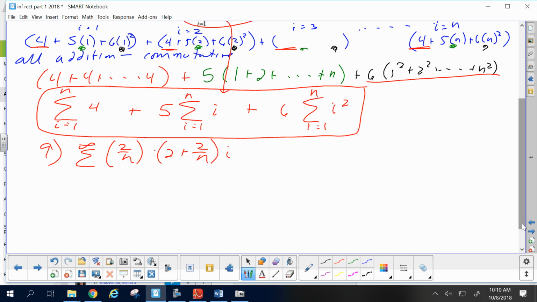First, I want to break this up. This 2 over n, I know it feels like a variable expression, but it's not an i expression. So this is actually a greatest common factor. It can be brought out front, and that i is inside the parentheses.